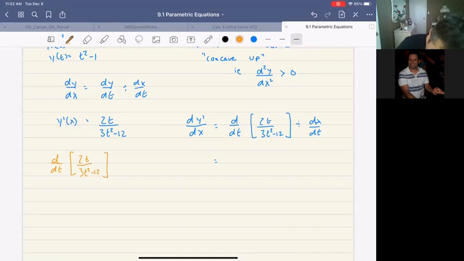That's going to be the derivative of the top times the bottom, minus the top times the derivative of the bottom, divided by the bottom squared.